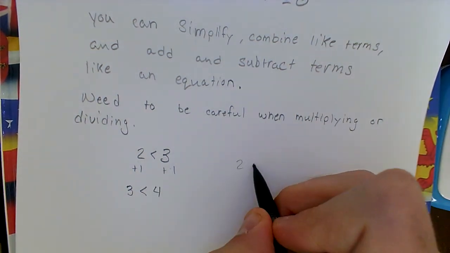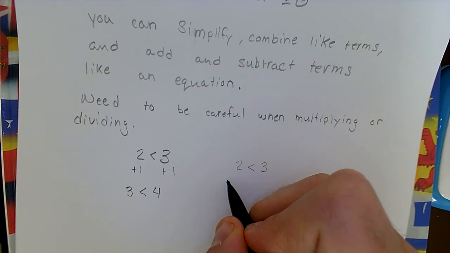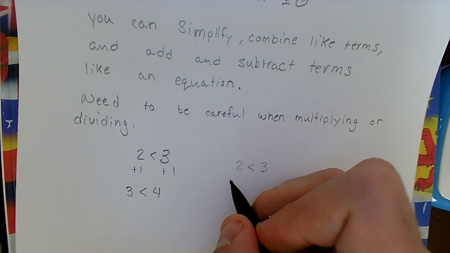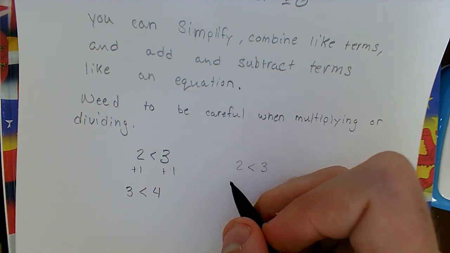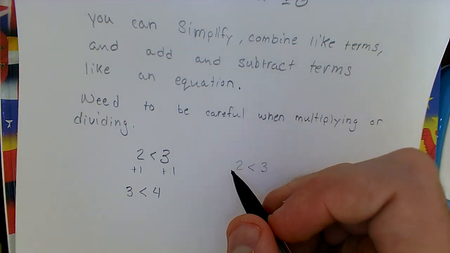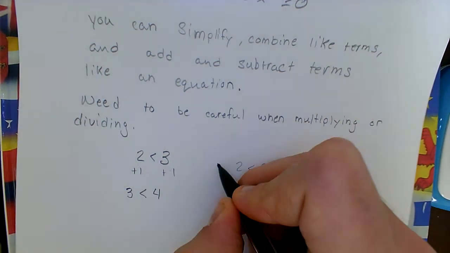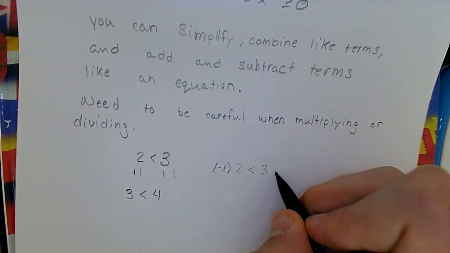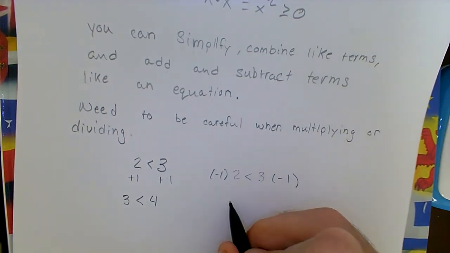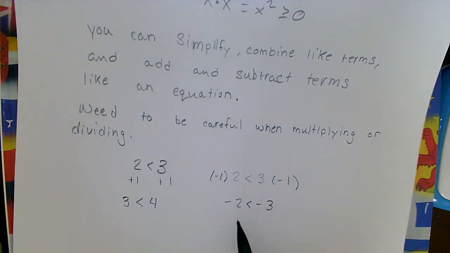However, if you started with 2 is less than 3, and I multiply both sides by any negative number, which includes dividing by any negative number, because you could, for example, multiply by negative 1/6, and that'd be the same thing as dividing by -6. Just for simplicity, let's multiply both sides by -1. If we were not careful, then we would write -2 is less than -3. Now think about that for a second.